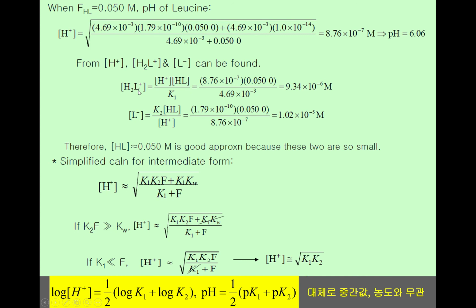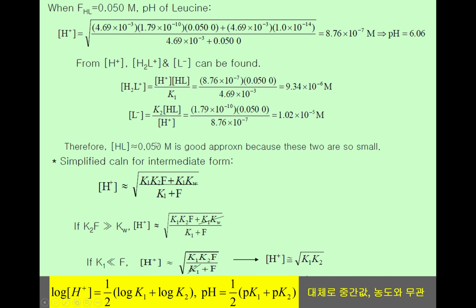The first form, H2L, can be calculated from K1 using this one, and we simply use the formal concentration of HL. Then we got 9.34 times 10 to the minus 6. This is much smaller compared to the HL concentration.